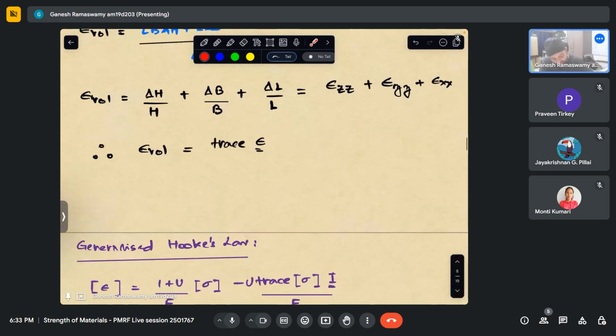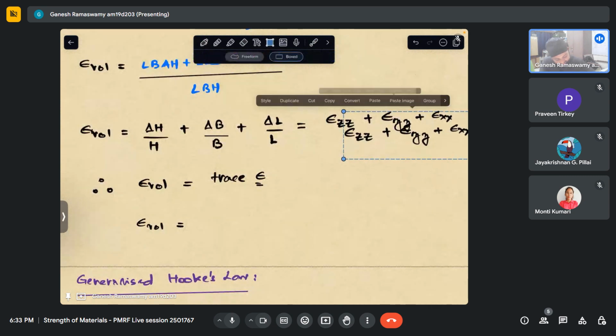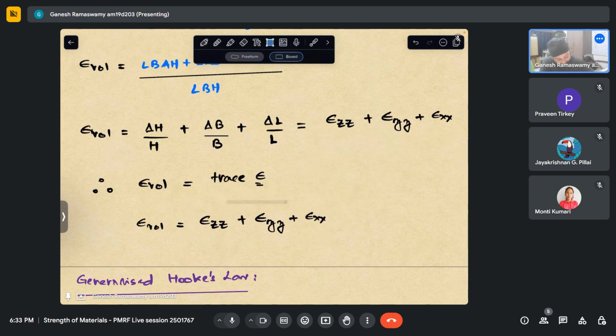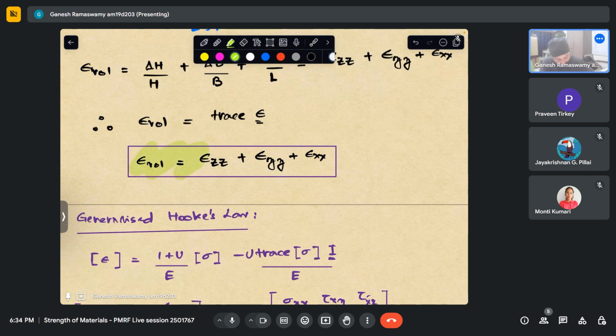So we saw that volumetric strain is the sum of these three quantities. This was our volumetric strain. Now what I'll do, I'll just write it in terms of stresses.